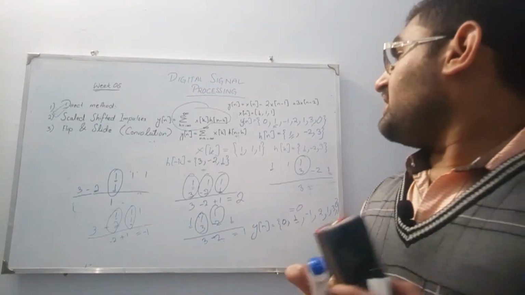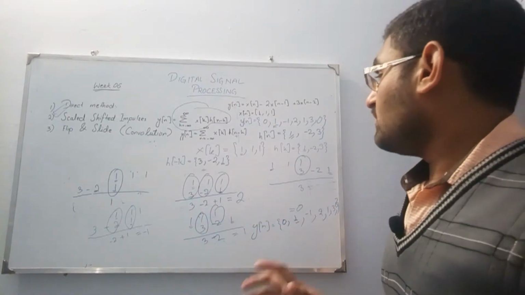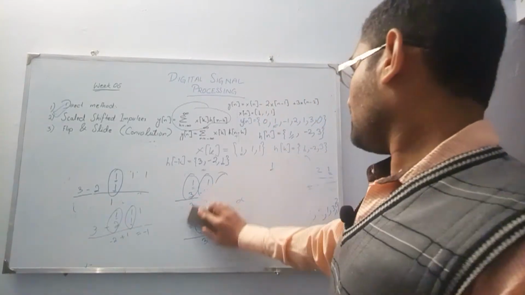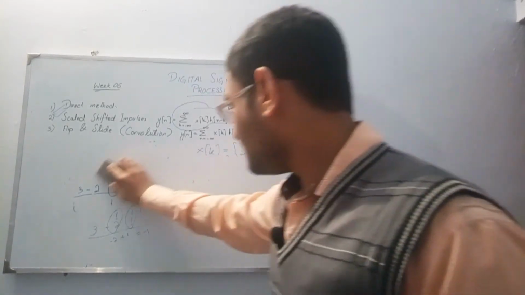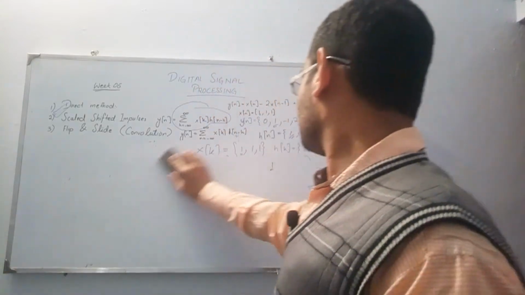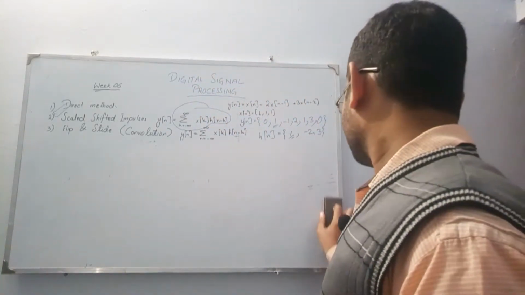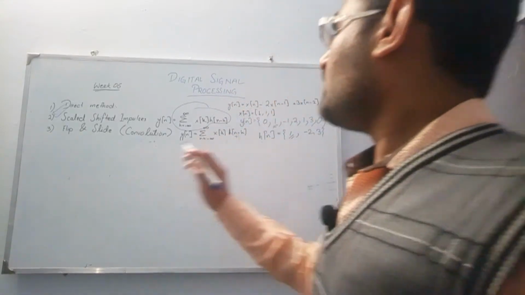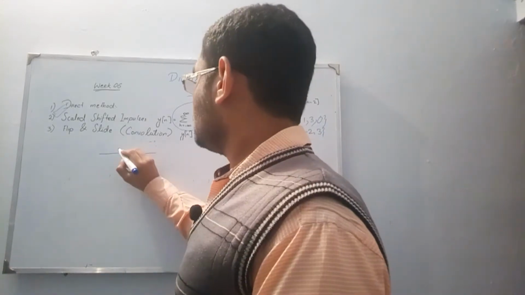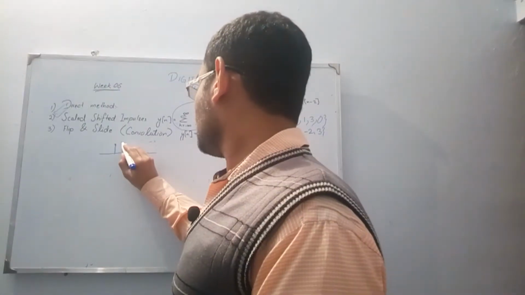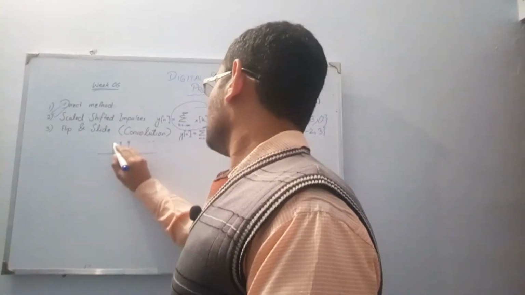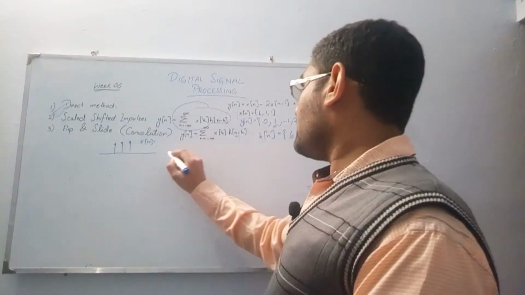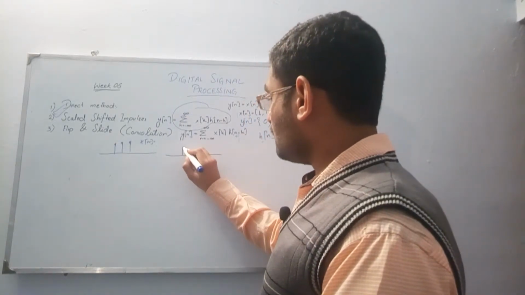So let me explain convolution a little bit more by some theoretical concepts. In convolution, we have two signals. The first one x of n and the second one h of n.